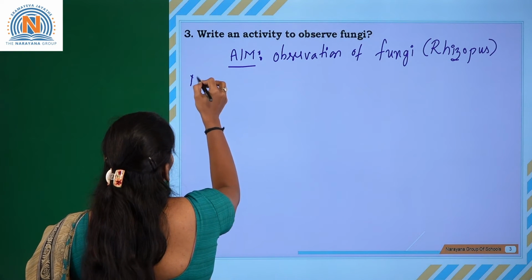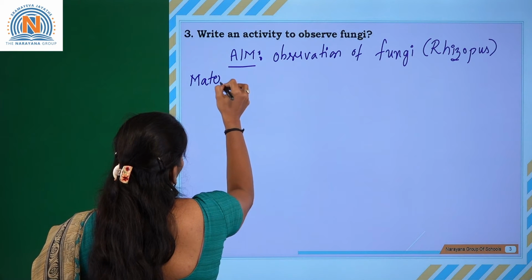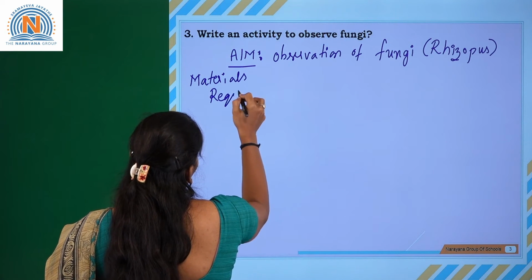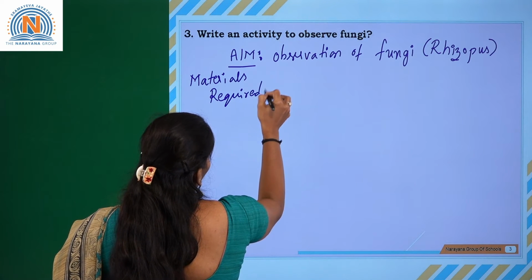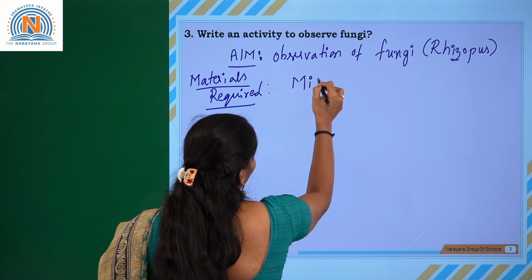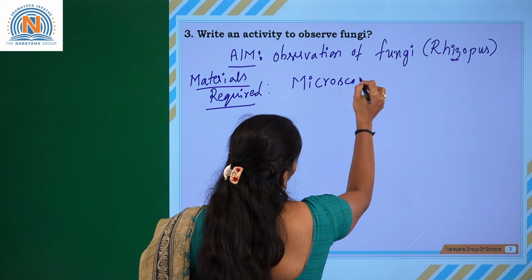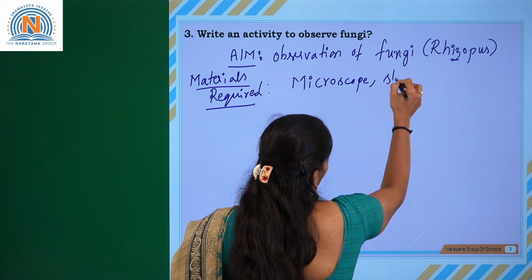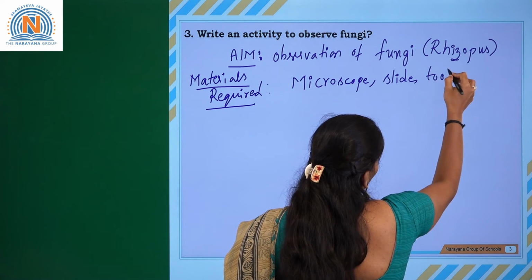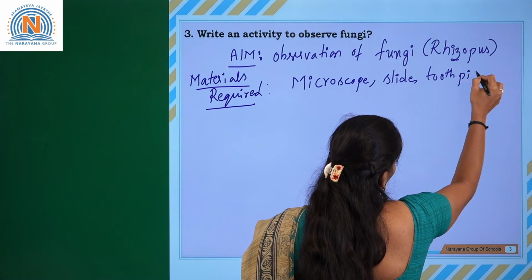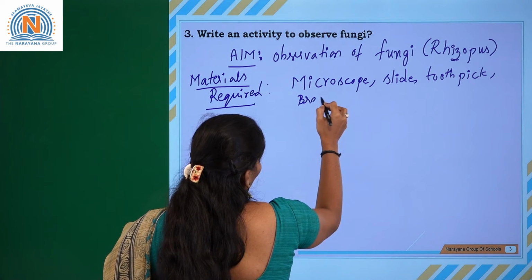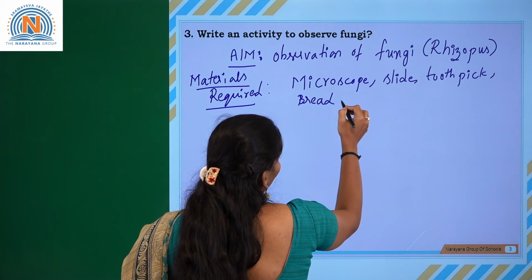So materials required. We need a microscope to observe. Microscope, glass slide, toothpick, and the sample of bread mold. Bread mold is nothing but rhizopus.